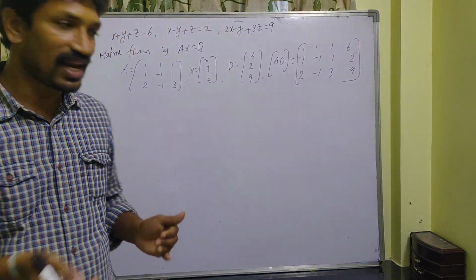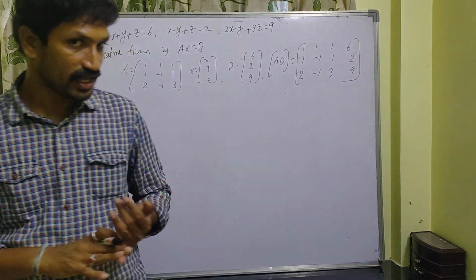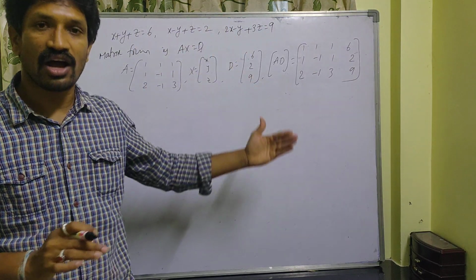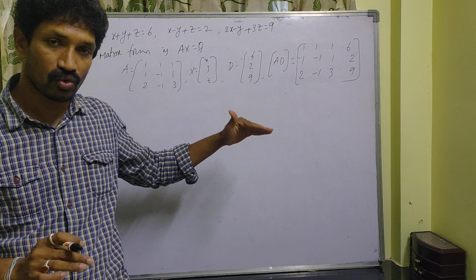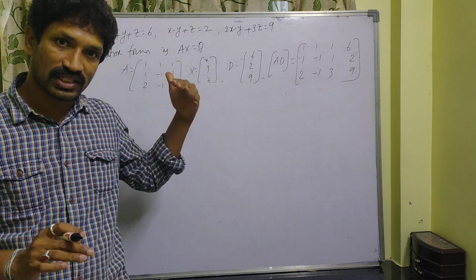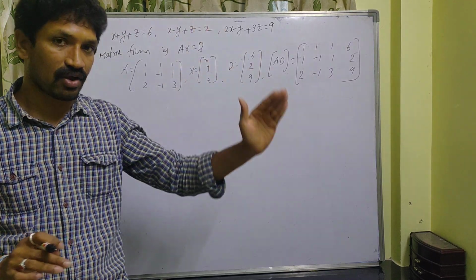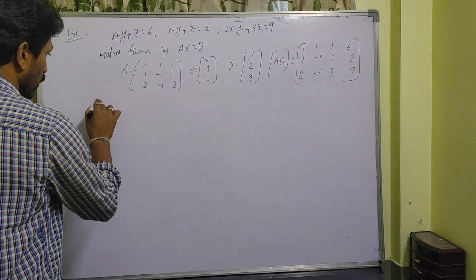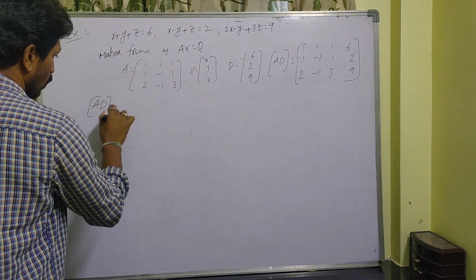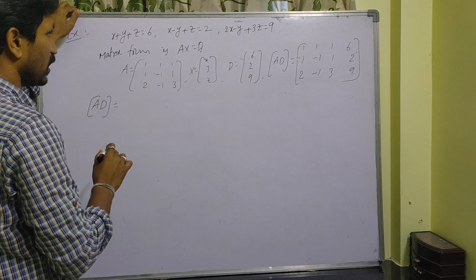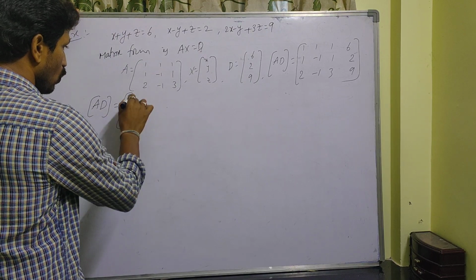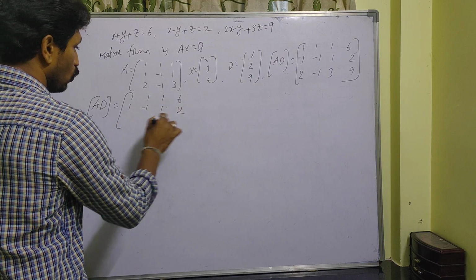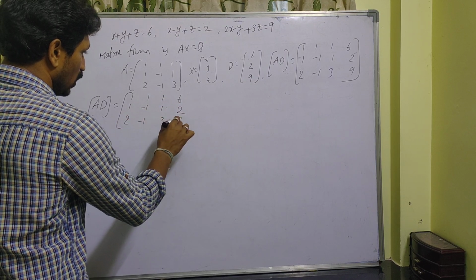To find the rank of A and rank of AD, consider the augmented matrix directly, and when you convert it into echelon form, you can get the rank of A and rank of AD directly. So first of all, you consider the augmented matrix AD: 1, 1, 1, 6; 1, -1, 1, 2; 2, -1, 3, 9.